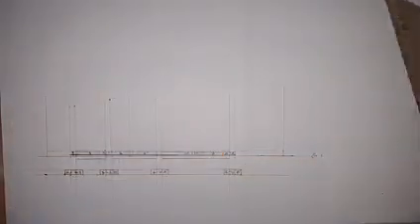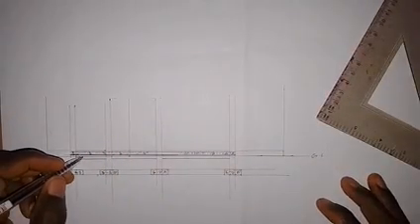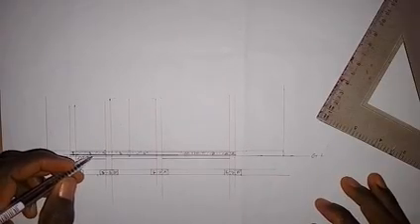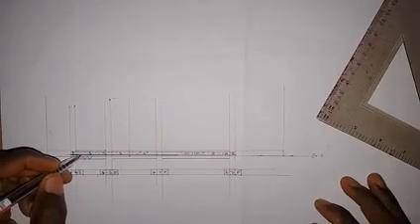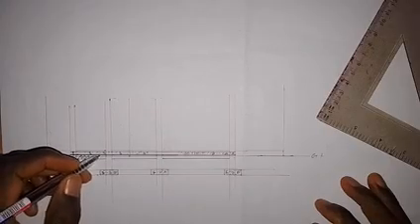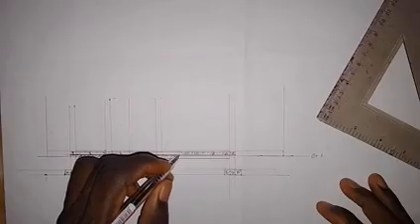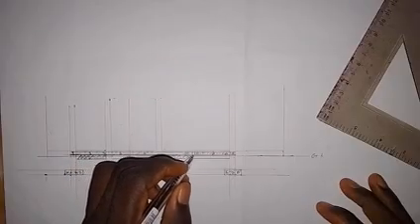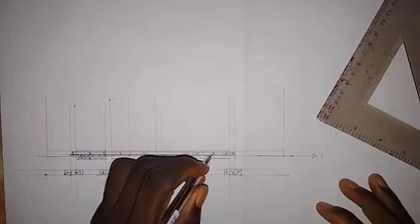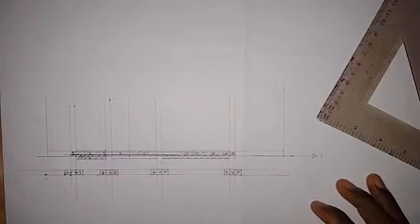Alright, so that is the hard core there.